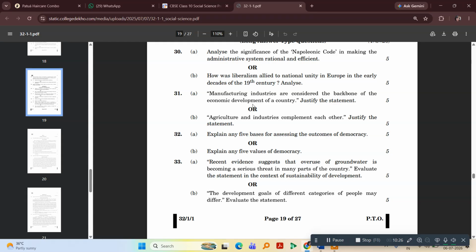There is an option in the 31st question. The question of Part B is as follows: agriculture and industries complement each other, justify the statement. If you look at the questions of Section D, you will realize that there are two options in every question.